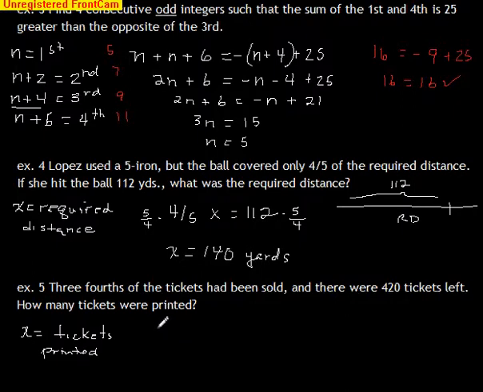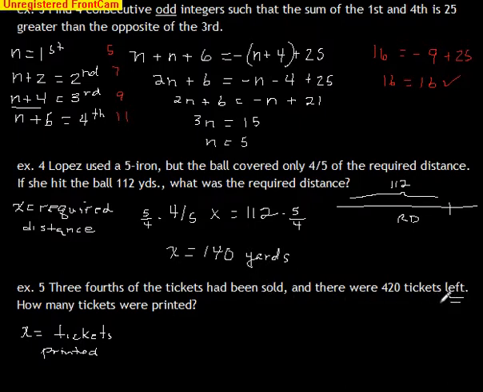So I'm just trying to think of how. So the tickets that were left are actually 1/4. Did I put the right thing? How many tickets were printed? So it's actually 1/4 that were left. See how they're asking right here how many were left?